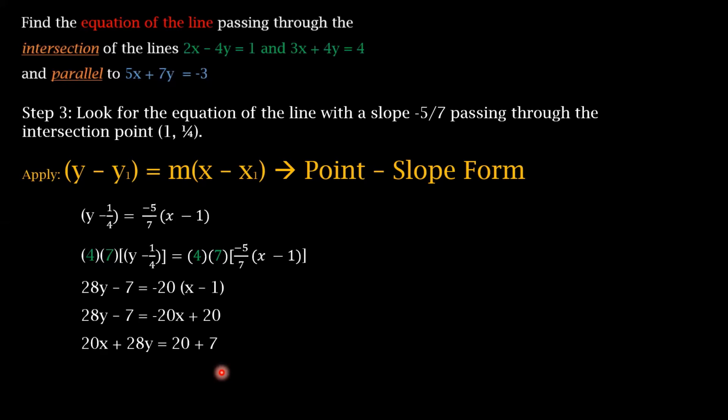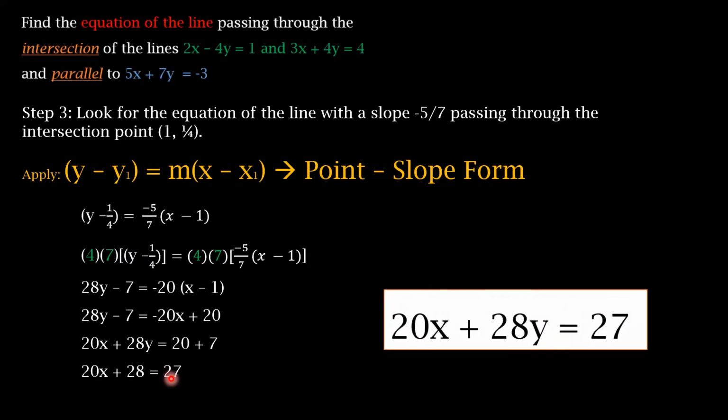Simplify them, we can come up with 20x plus 28y is equal to 27. So thus, the parallel line equation is 20x plus 28y is equal to 27, parallel to the line 5x plus 7y is equal to negative 3.